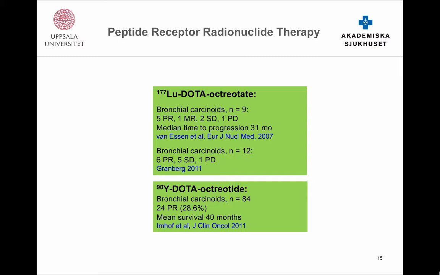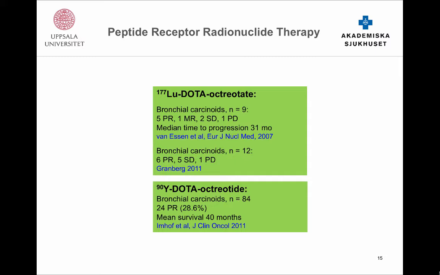You remember what we mean with partial remission and stable disease and complete remission and so on. The median time to progression was 31 months, which is quite long in this group. The other study is from our group, Dr. Granberg, 12 patients, 6 partial remissions. So about 50% responded to this kind of treatment.